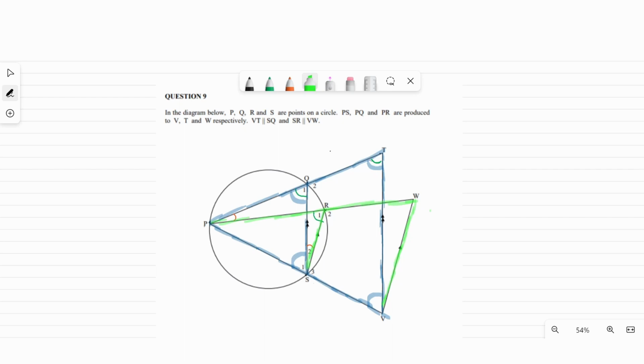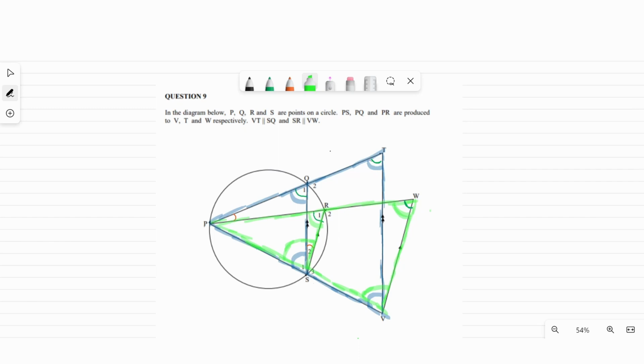So meaning that angle W is equal to angle R1, meaning this is going to be green too. And also if we connect it to the other side, we can create another F from P to V, and that means that angle V is equal to, from here to this angle, which is S1 and S2, and that's corresponding angles.